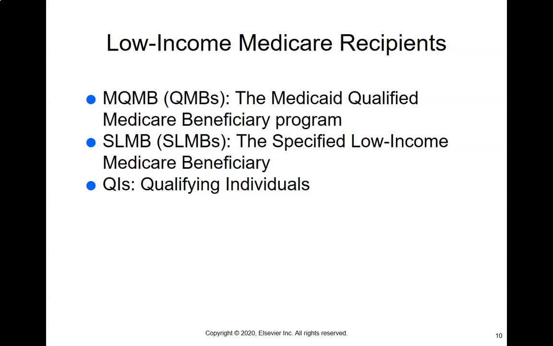SLMBs pay the Part B premiums, and the patient pays Part B deductibles, copays, and non-covered items. The QIs, the qualifying individuals, are those whose income is at least 135% but less than 175% of the FPL. The QI pays the Medicare Part B premiums.